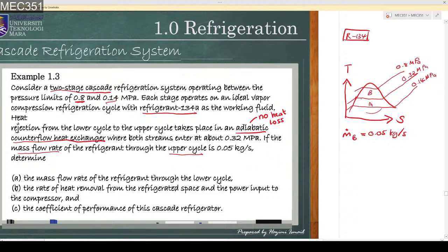Okay, so the question is, what is the mass flow rate of the refrigerant through the lower cycle? They want the value of m dot of the lower cycle. I named in my TS diagram that the lower cycle is A, so my symbol for mass flow rate is MA. This is the question.